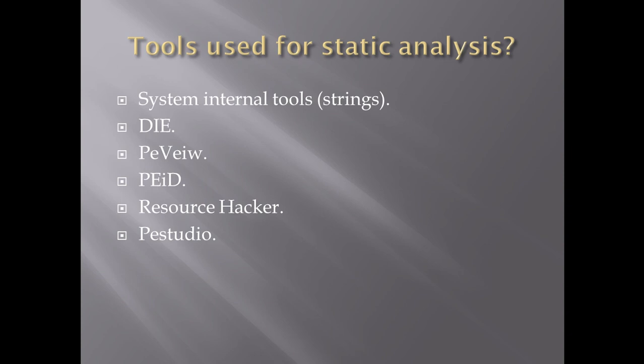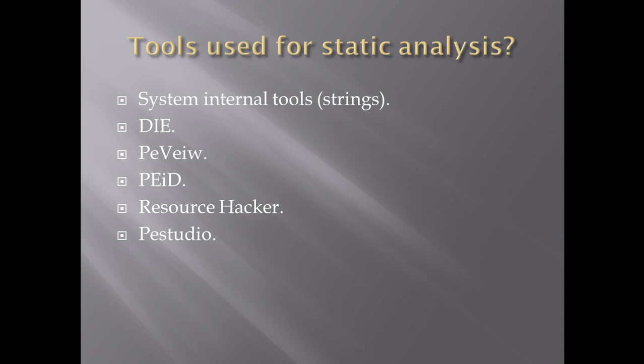For example, maybe the malware is used only to get a screenshot of your computer. Mostly we will see this in the strings if the API, or the function related to the API, is clear. That's why we need to do basic static analysis using the Strings tool.